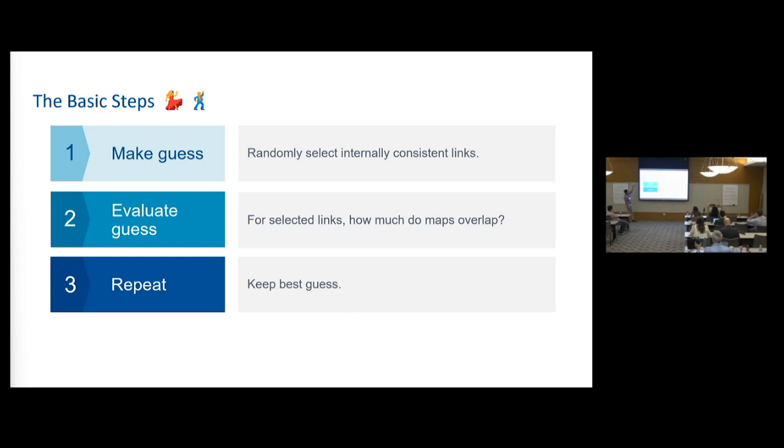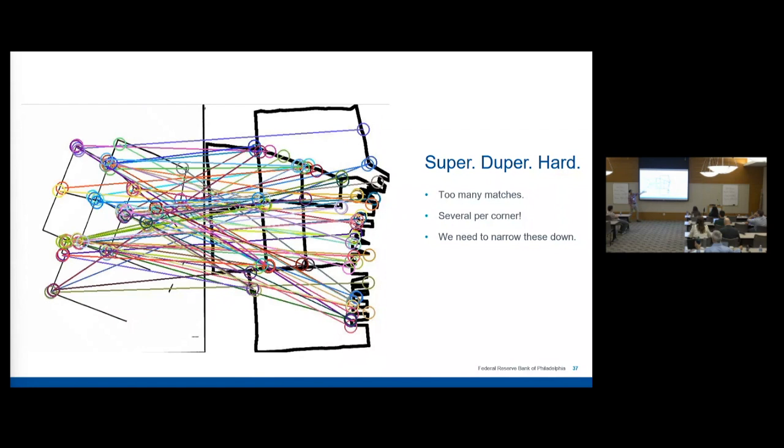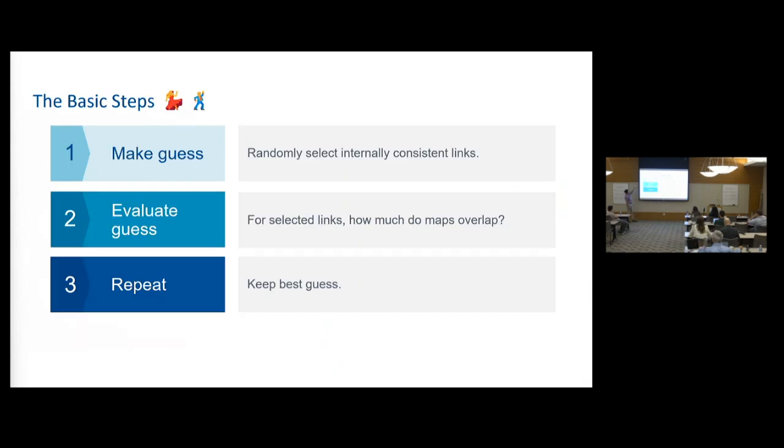Out of these candidate links, the computer is going to make a guess, use a small share of the candidate links. It's going to perform the transformation. Then it's going to evaluate the guess. For the selected links from the first step, how much do the maps overlap? And we're going to repeat this over and over and over again.